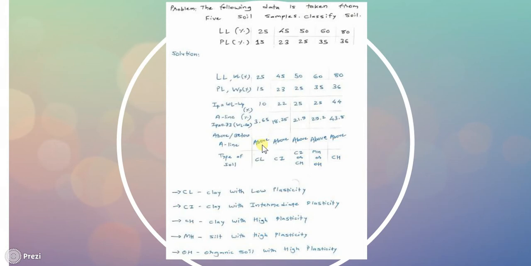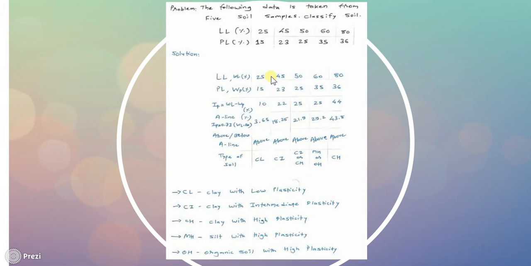So it is above A line, where its liquid limit of 25% is lesser than 35%. So it is CL, clay with low plasticity.